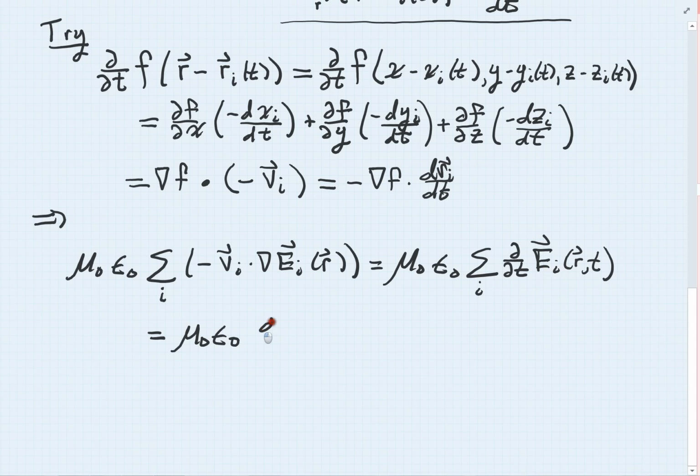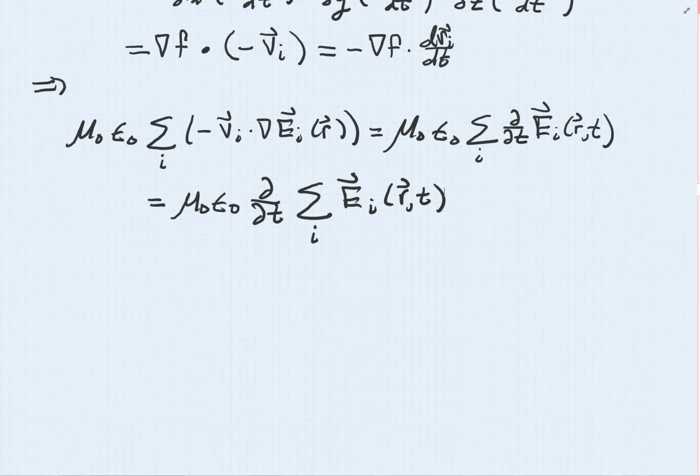So I could pull that derivative out, d by dt, of a sum over all the particles in the system of the electric fields that they would create at location r at the given time t, this being the sum over the electric fields provided by each of the individual particles.